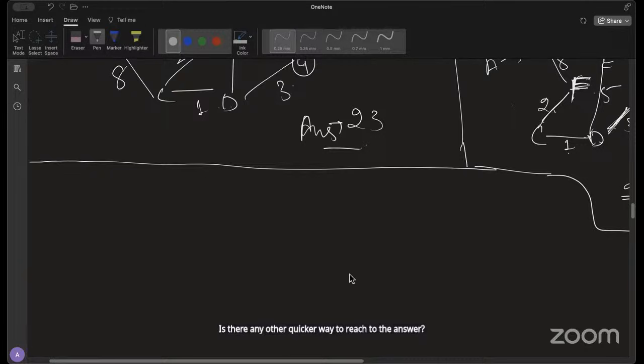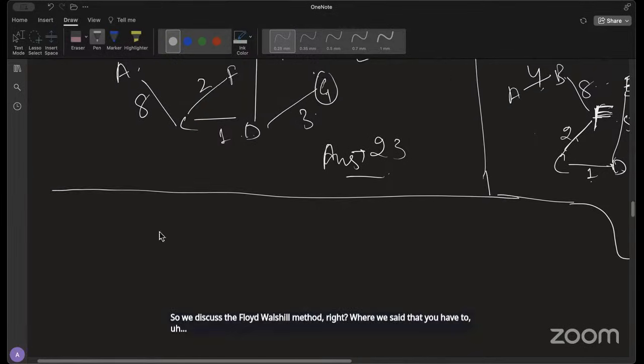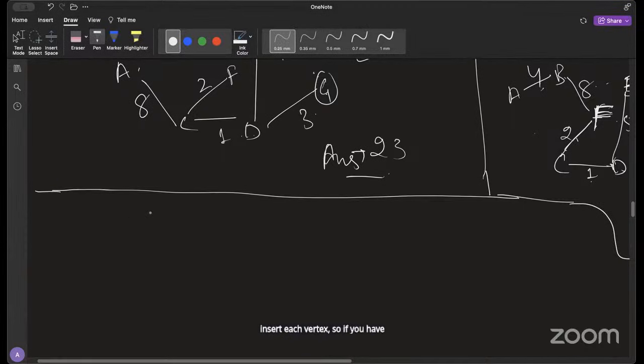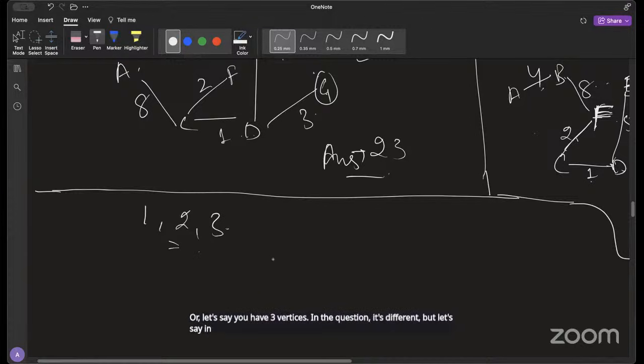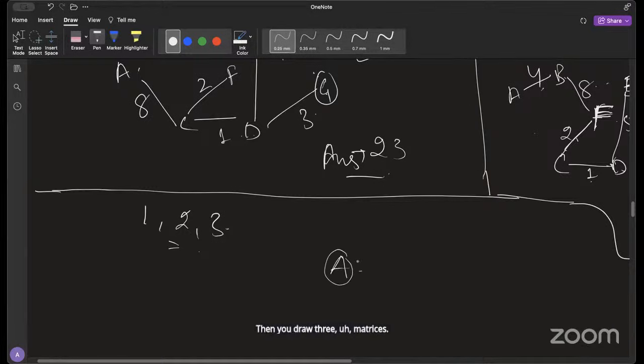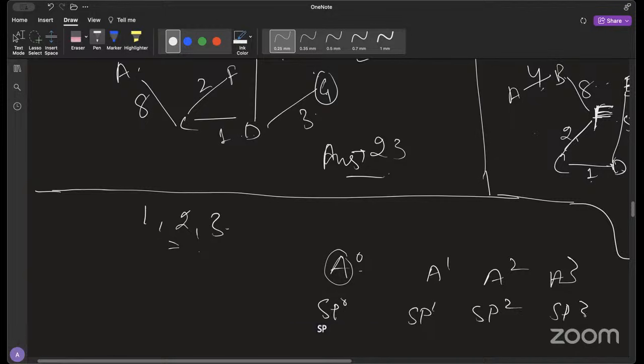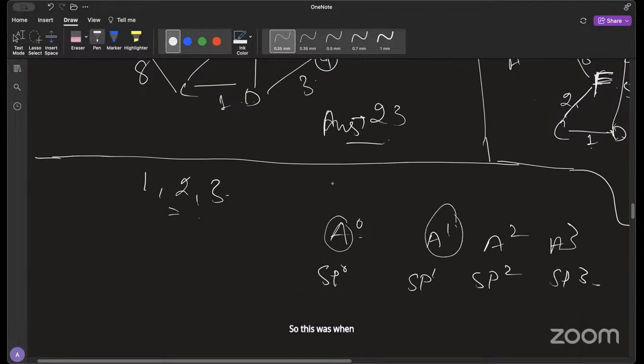So we discussed the Floyd-Warshall method, right? Where we said that you have to insert each vertex. So if you have three vertices, in the question it's different, but let's say in your graph you have three vertices. Then you draw three matrices. Either you denote them by A0, A1, A2, A3, or you denote them by SP0, SP1, SP2, these things. So this was when you insert the first vertex in between every vertex.